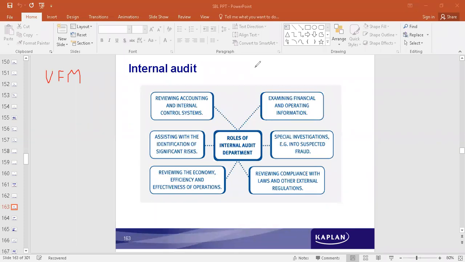Then reviewing compliance: the three aspects of internal control are first operations, second financial statements, third compliance with the rules and regulations. So it reviews whether the organization has complied with laws and other external regulations.